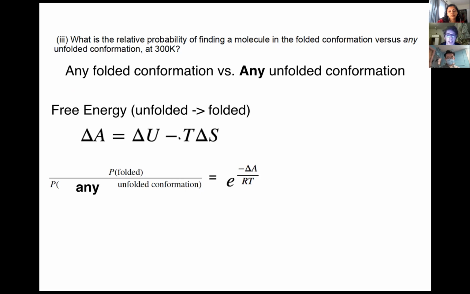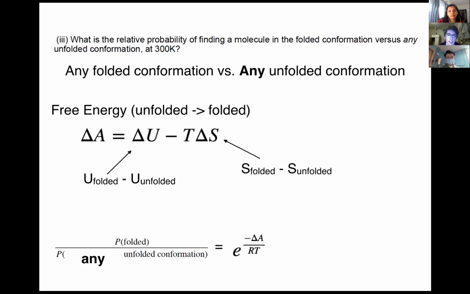And we can actually just plug in the values that we calculated before. We already found the energy term from the last part of the question, and we'll see that will make the free energy more negative as we go from unfolded to folded.